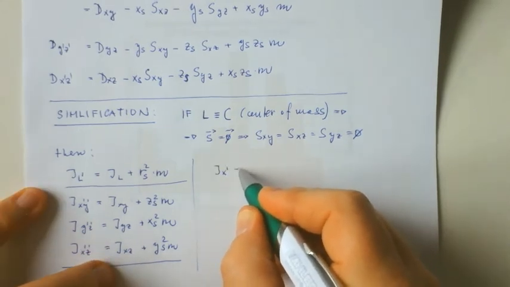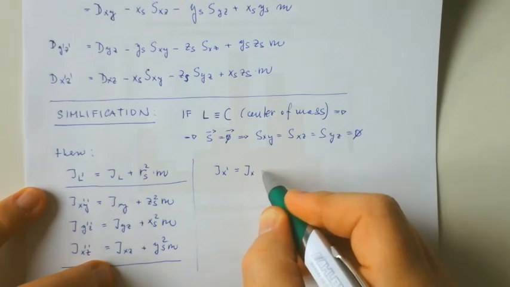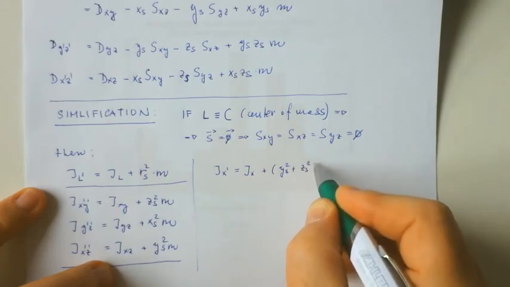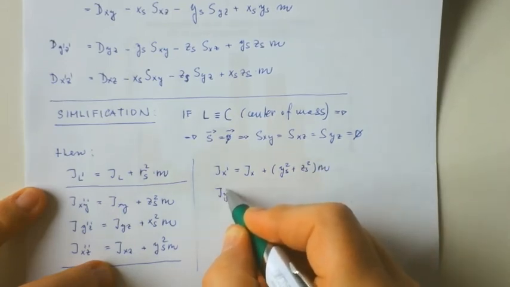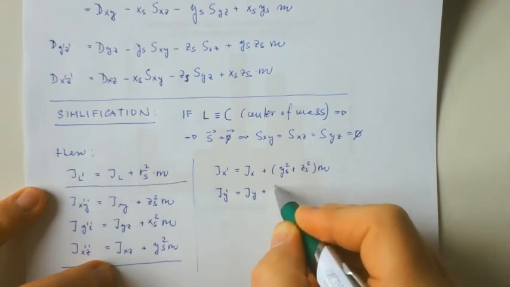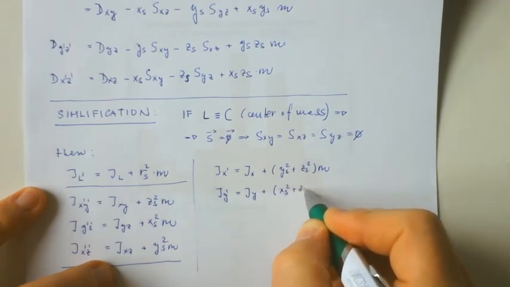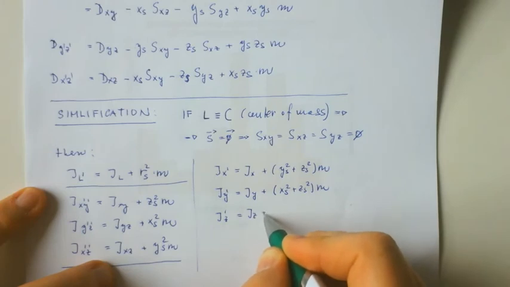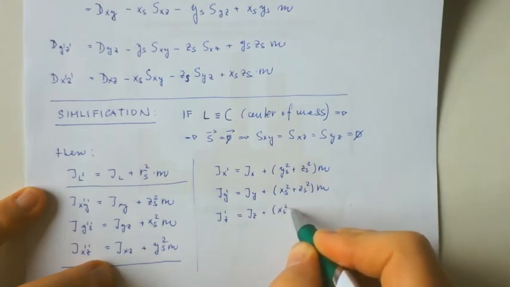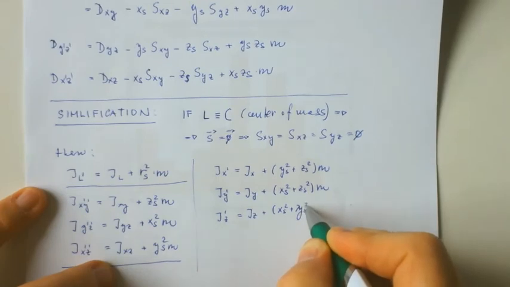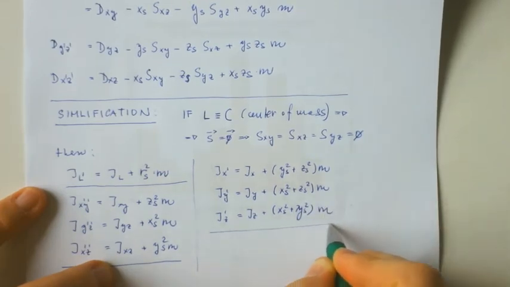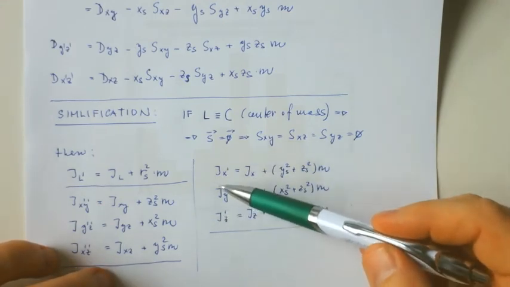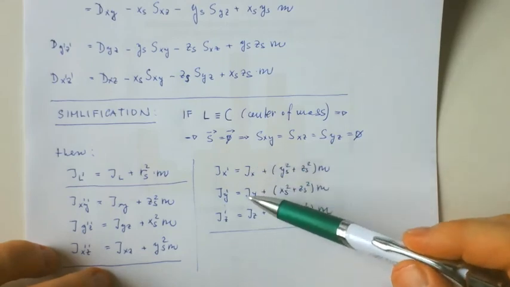And Jx prime is Jx original plus ys square plus zs square by m. Jy prime is Jy plus xs square plus zs square m, and Jz prime is Jz plus xs square plus ys square m. So these values are moments of inertia to axes for the new coordinate system, and we calculated them from old values.